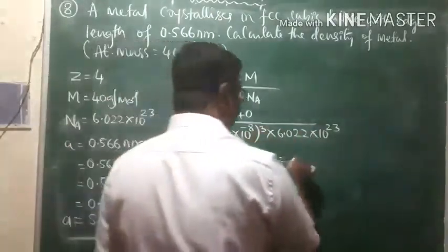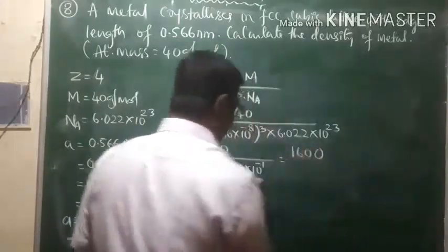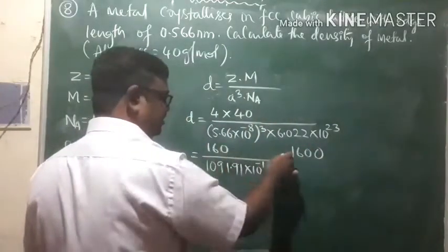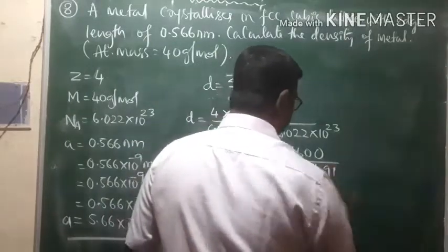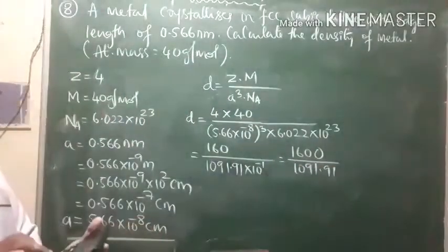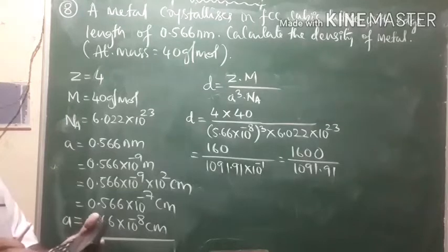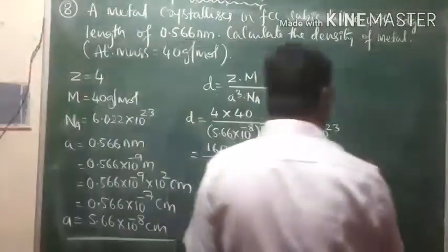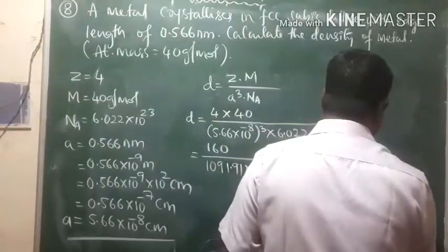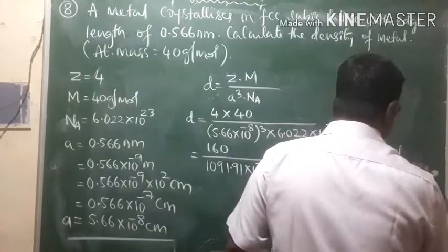It goes to the numerator, so it is 1600 divided by 1091.91. When you divide it, it comes out to be around 1.4655 gram per cm cube.